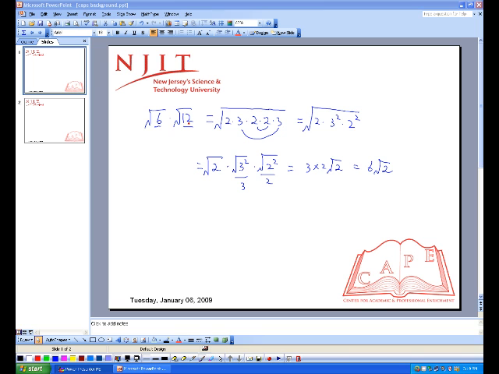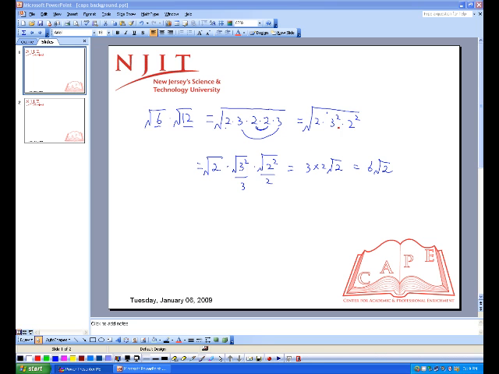So the first step is you try to factor the numbers into its lowest factors, and then you try to group two factors that are the same. So group 2 with 2 and 3 with 3, and then you write it into a square form.